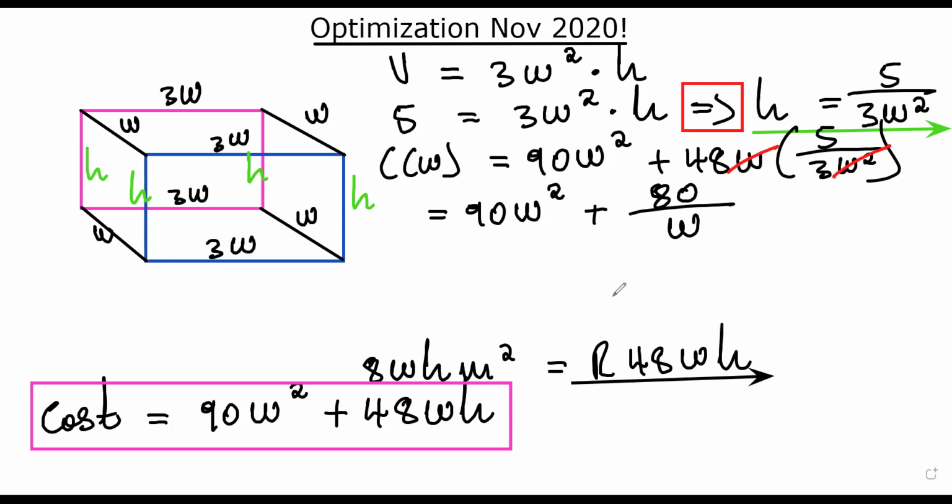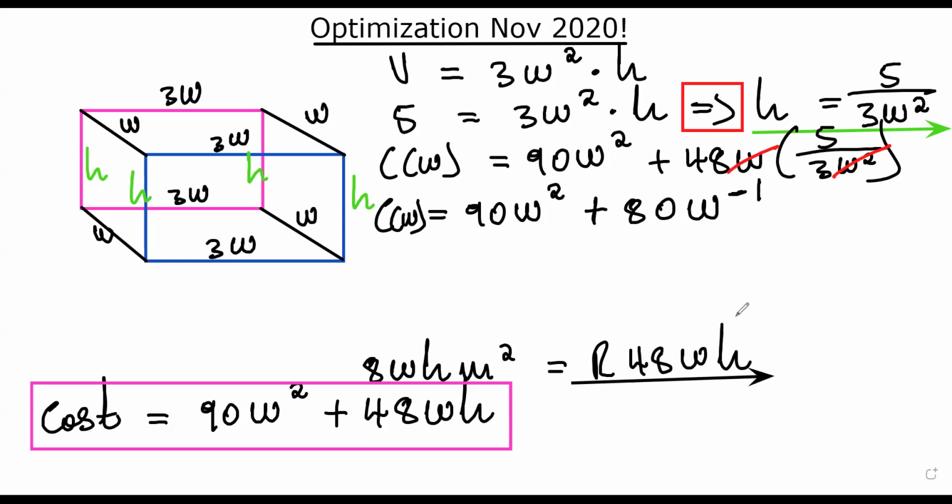But of course, since we know that we have to differentiate the function, then according to the rules of differentiation, we are not supposed to have a variable in the denominator. So we need to write 80 over w in negative exponential form. And this is what we get.